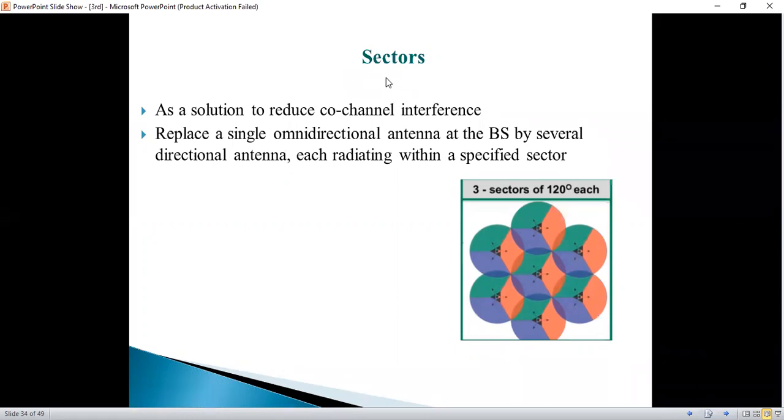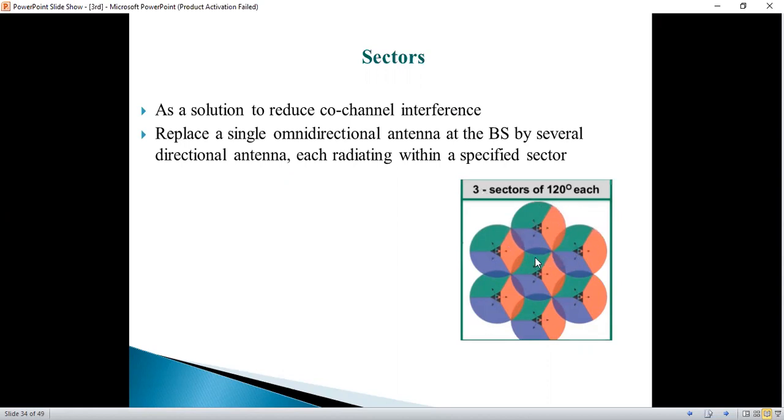Now we have come up to sectors or sectoring. If you remember, we have talked about interference. Sectoring or sectors is a solution for the co-channel interference. So how does it work? We will see over here. We know that we have cells.